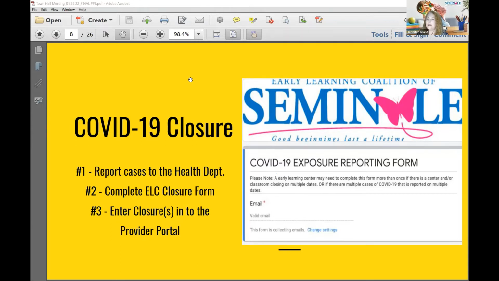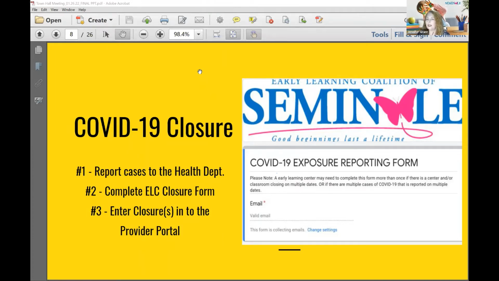Make sure that you're completing this closure form, because I am reporting that up to the Division of Early Learning, whether you have an individual classroom closure, a full center closure, or just some positive cases where only those individuals have to be out of the school, either isolating or in quarantine, but your center, all your core classes still remain open. That helps us with paying for absences and those kinds of things as well.